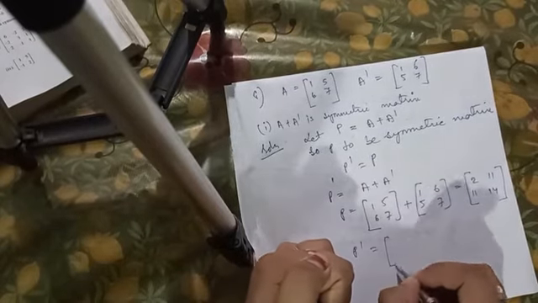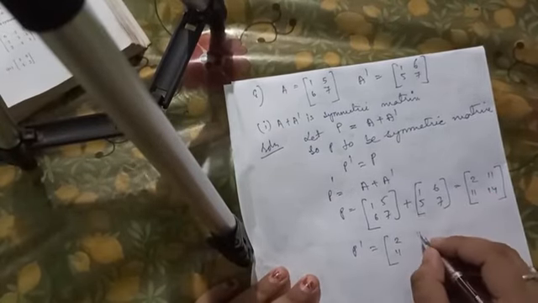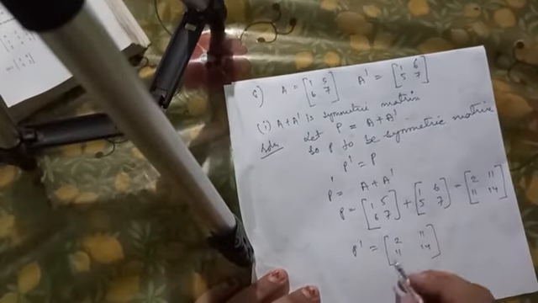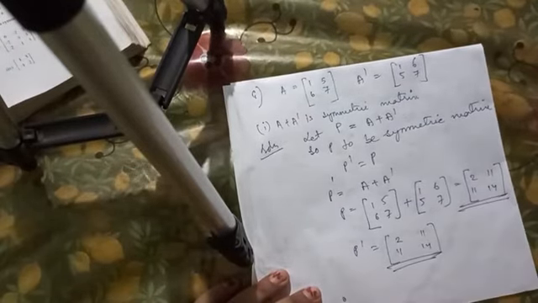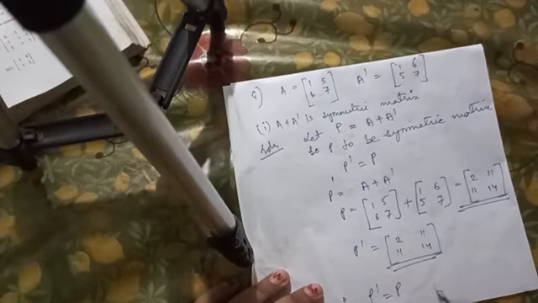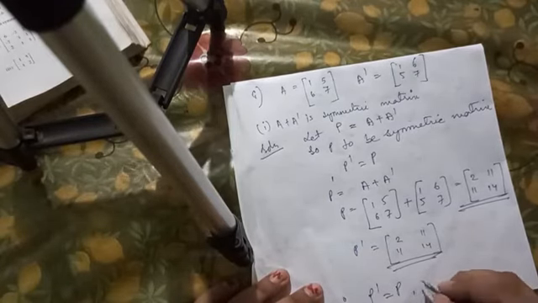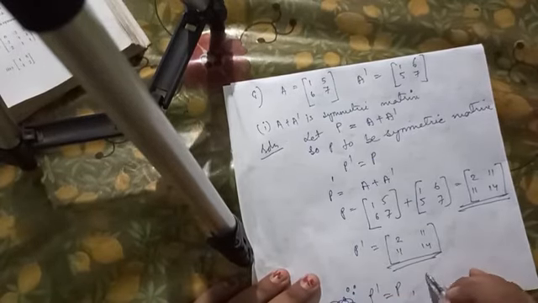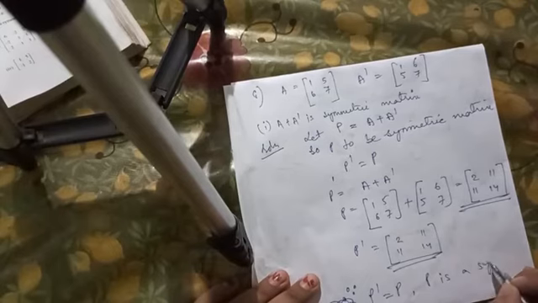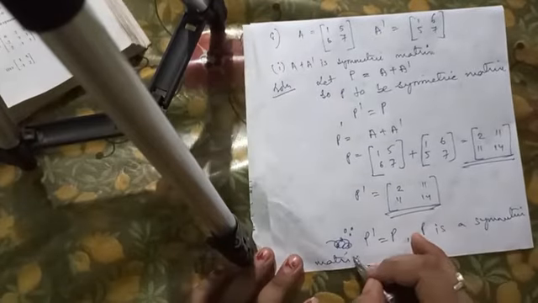And what will be the P dash matrix? That is, first row will become first column, second row will become second column. And if you see, this is P dash. So therefore P dash is coming equal to P. So you can tell like this, since P dash is equal to P, P is a symmetric matrix.